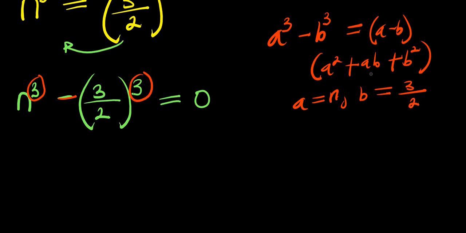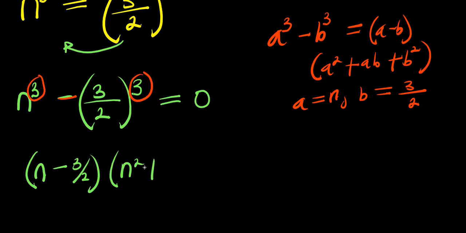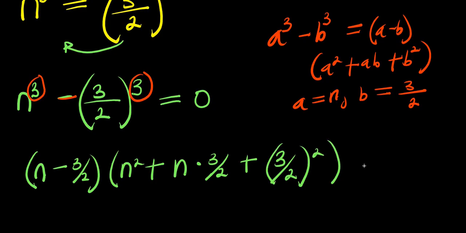So let's insert everything right here. That means we are going to have, this is n minus 3 over 2 times n squared plus n times 3 over 2 plus b squared, that is 3 over 2 raised to the power of 2, and this equals 0.